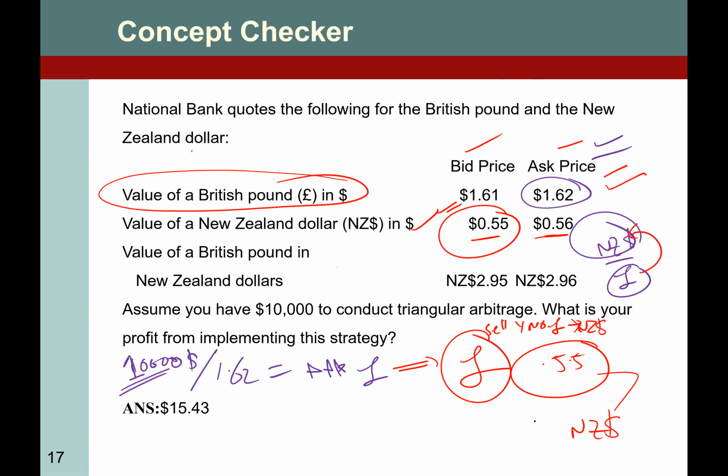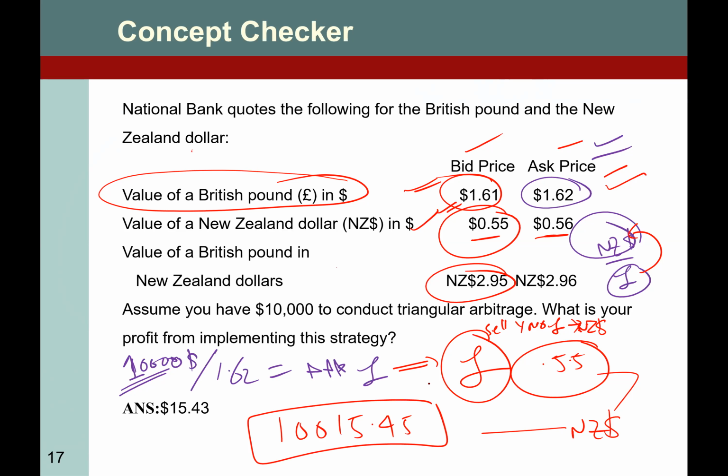So when you sell your NZ dollar, you will be given this rate. So when bid and ask are given, pay very close attention to whether you want to buy your holdings or sell your holdings.